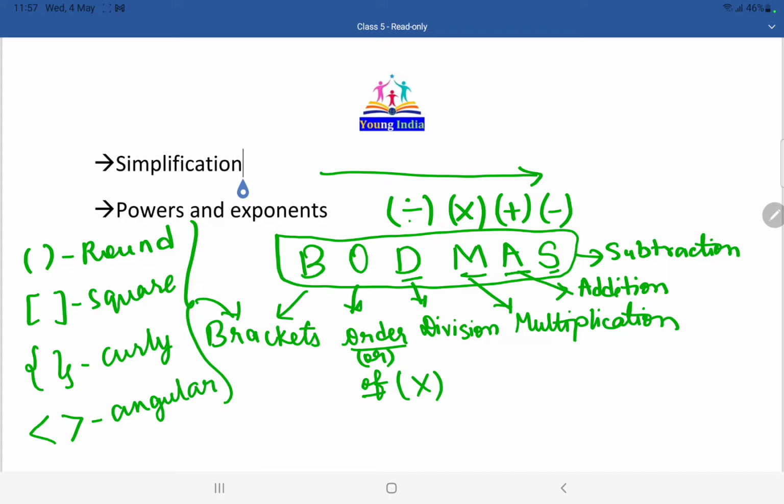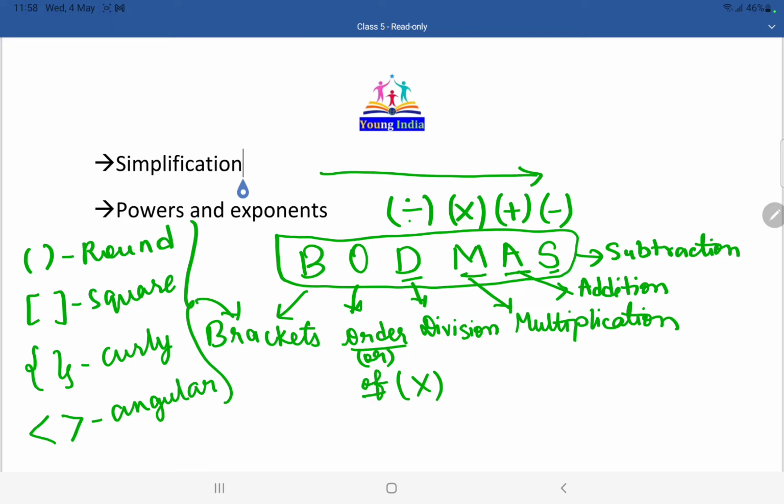So first, if you are getting a problem related to simplification, you need to solve the brackets first. And in the brackets also, first solve the round brackets, then go for the square brackets, then the curly brackets. This is the order in which you go.